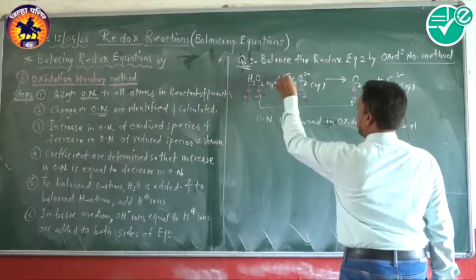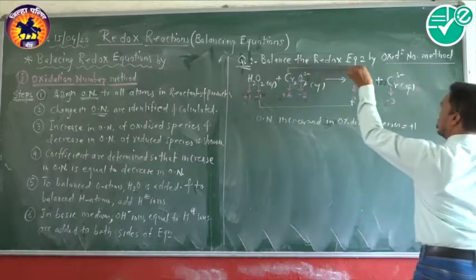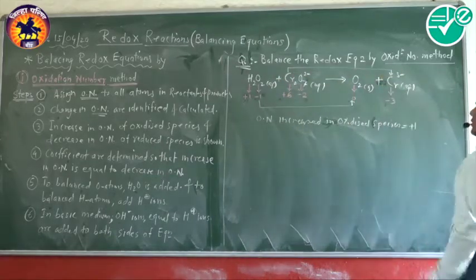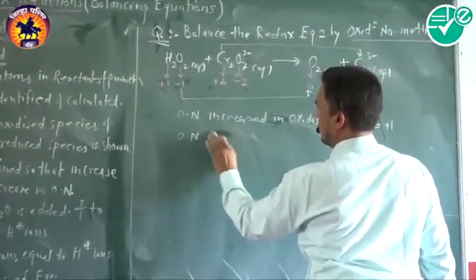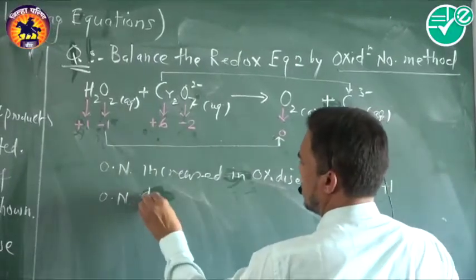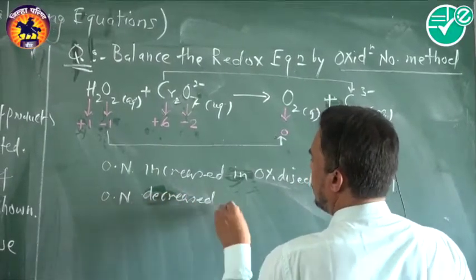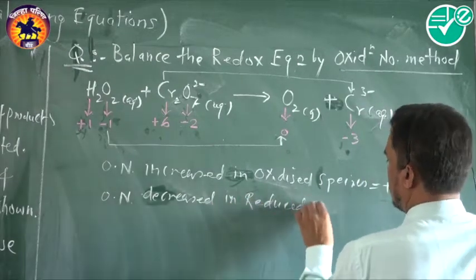Whereas the chromium oxidation state +6 changed to +3, so the oxidation number decreases. From +6 to +3, it decreases in the reduced species.